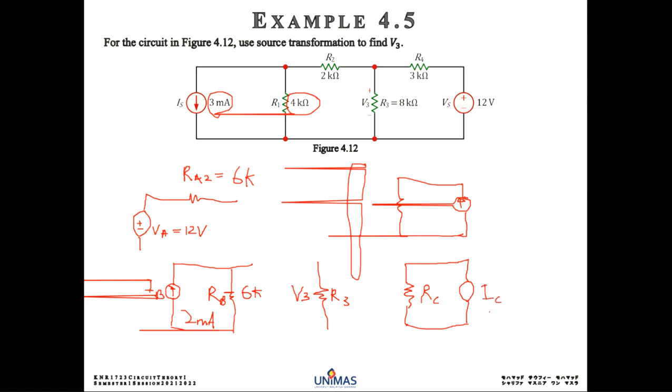So the current IC is going up because the polarity of Vs is going up. So berapa value dia? Anybody? Siapa nama lagi? Carlos, dah Carlos, belum?